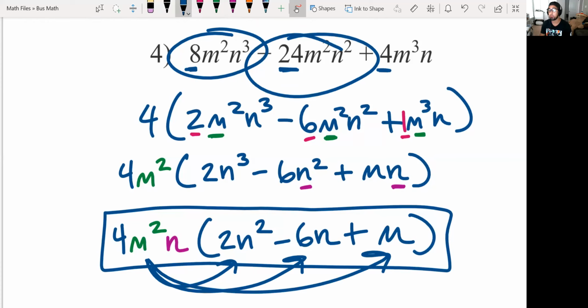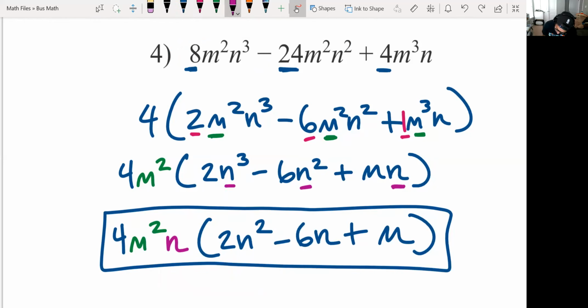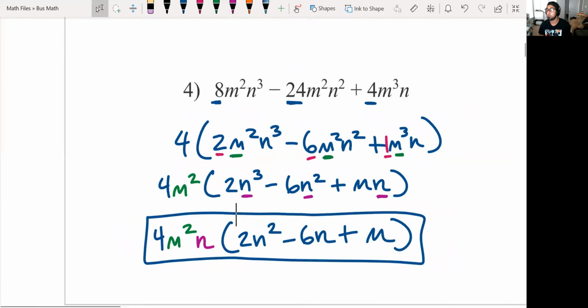And then 4m squared n times m becomes 4m cubed n. It all checks out. All right. Not bad.